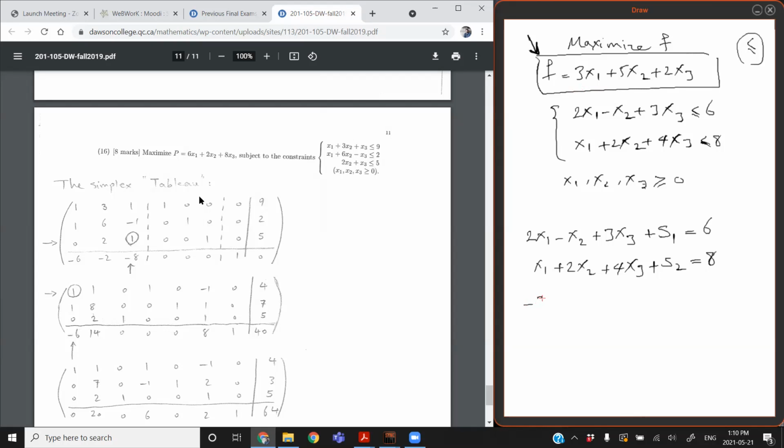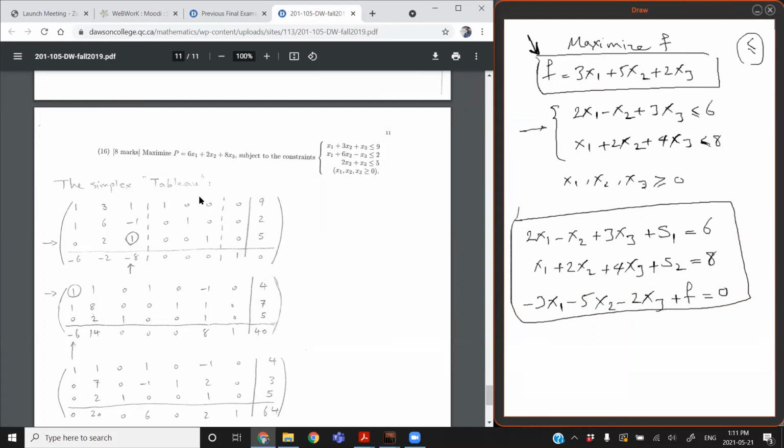We get minus 3x1 minus 5x2 minus 2x3 plus f is equal to 0. So we need to do these things to the inequalities and to the objective function, and then we will have something that is very familiar for you. Yes, we have a linear system, and we can write down the augmented matrix for that linear system.